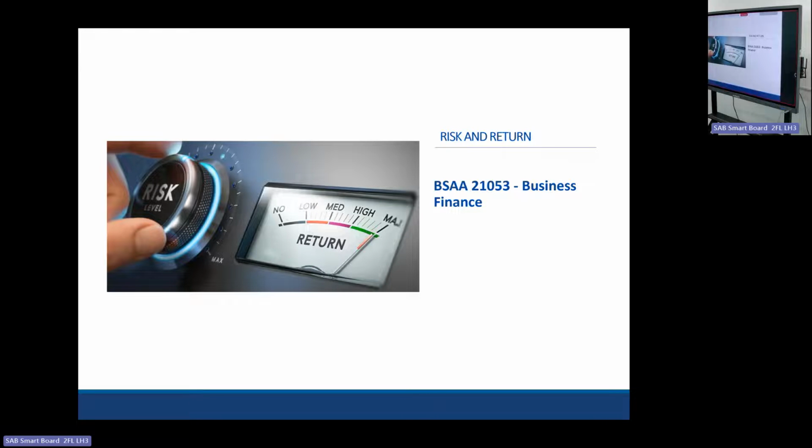In case of bankruptcy, if this company went bankrupt, bondholders will get their money before you. That is the theory. Corporate bondholders and bank loan providers will get their money before you, and ultimately you will get whatever remains, if there is something. So you will be a higher risk taker compared to the bonds.